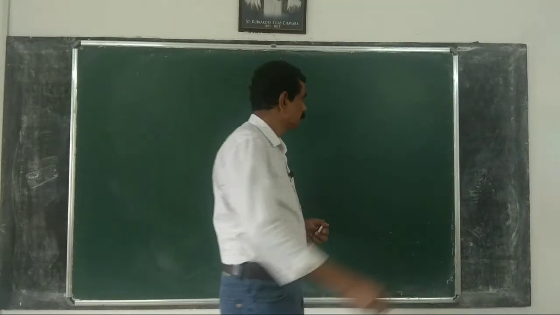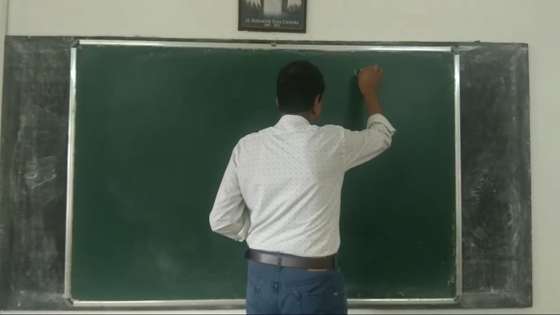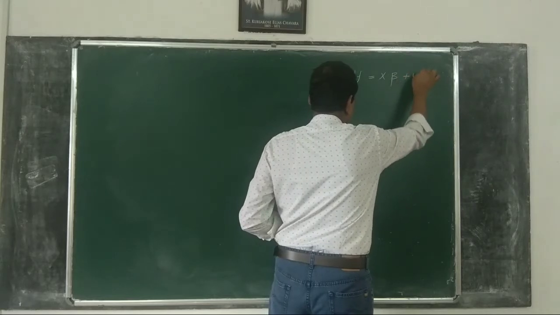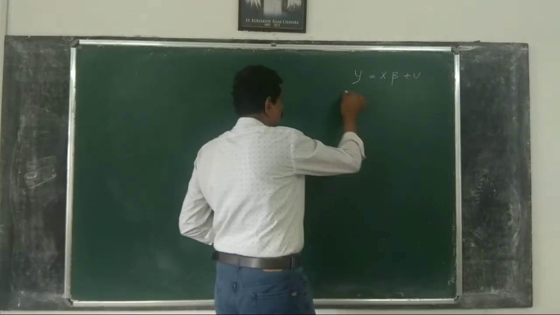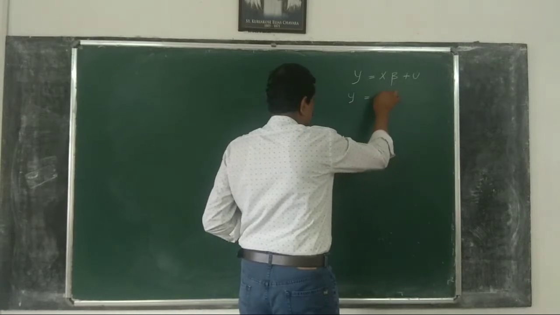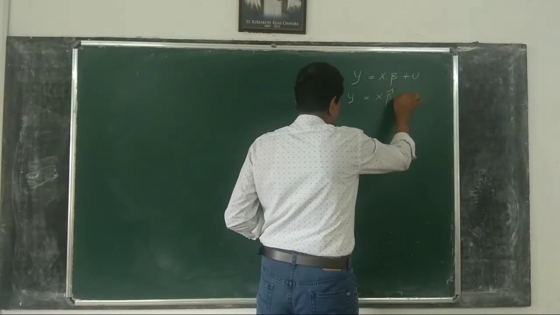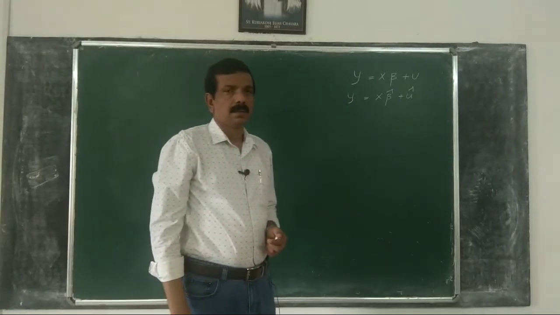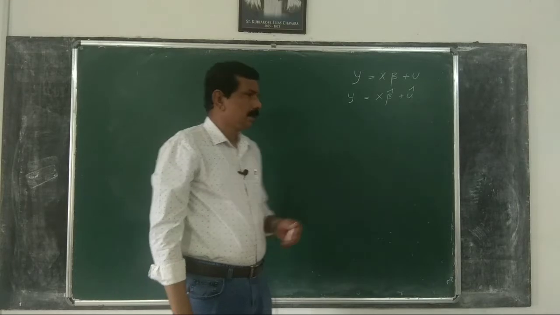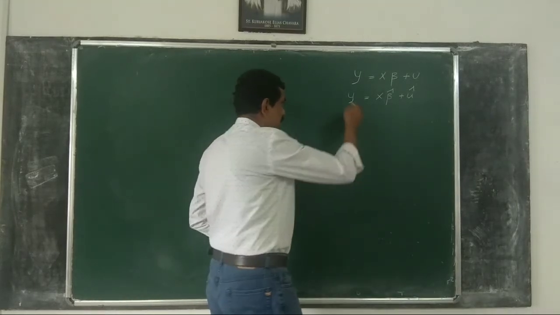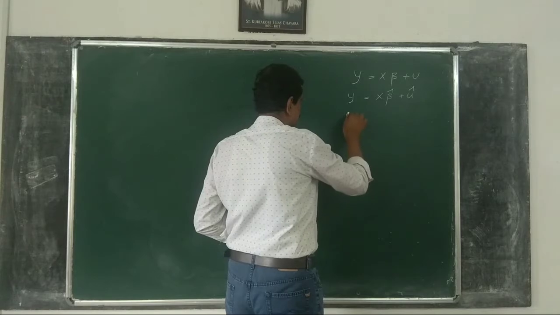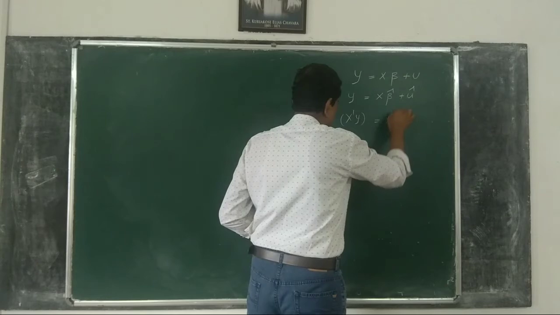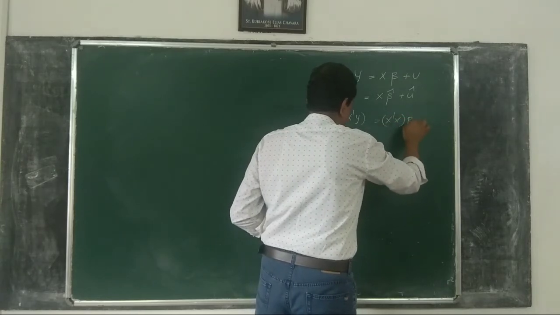Now, the k-variable PRF was written as y is equal to X beta plus u. Its sample counterpart is y equals X beta hat plus u hat. And the normal equations, applying the principle of least squares, is X transpose y is equal to X transpose X beta hat.